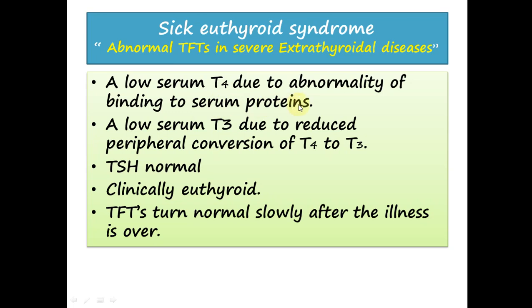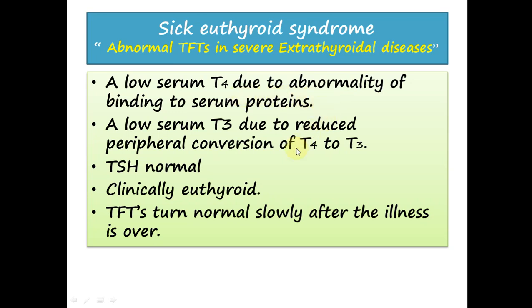As we know, thyroid hormones are carried in the serum by binding to the serum proteins, particularly thyroglobulin, albumin, and prealbumin. So the problem here is not in the thyroid, but in the serum proteins.